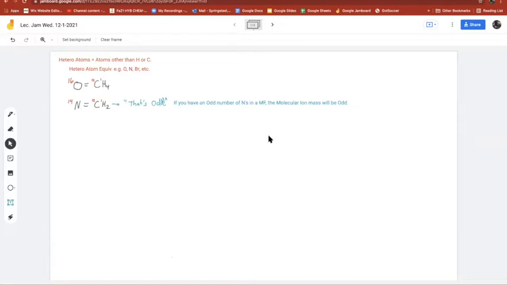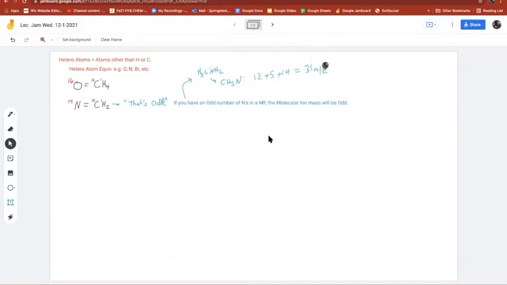So for instance, let's look at an example. Let's look at a real simple molecule like CH3NH2, methylamine. So this formula is CH5N, right? What's its mass? 12 plus 5 plus 14 for the nitrogen. That adds up to 31 mass to charge.